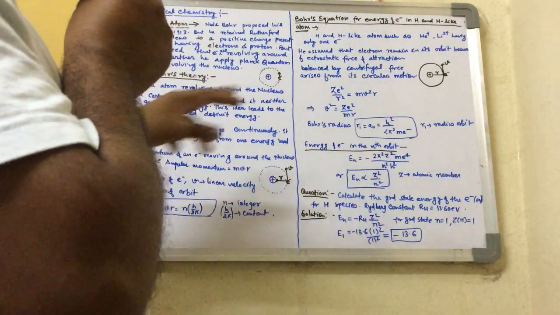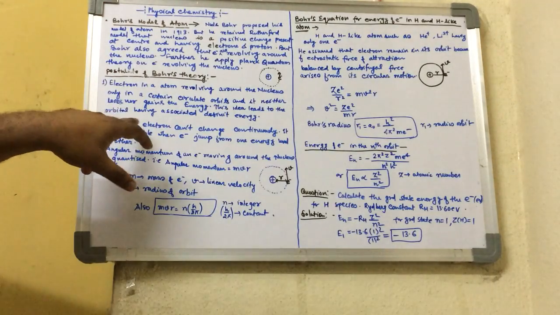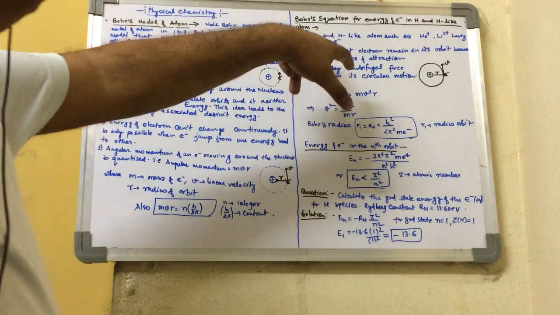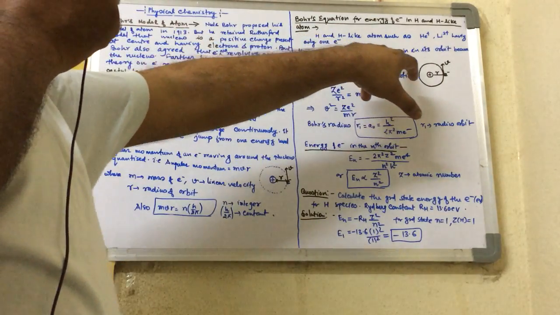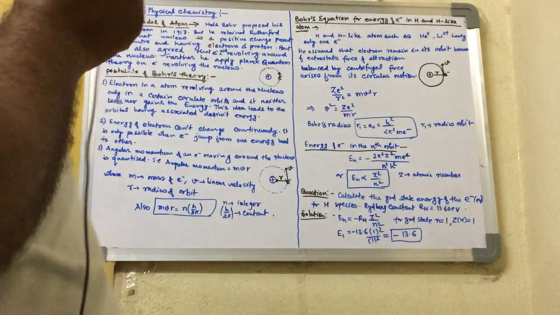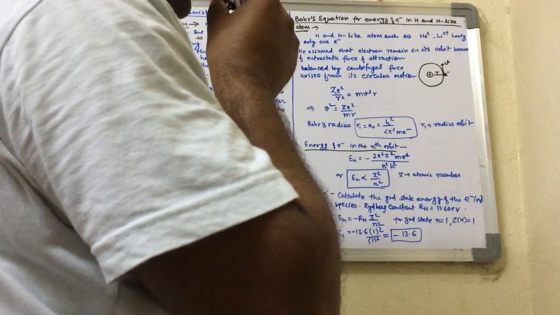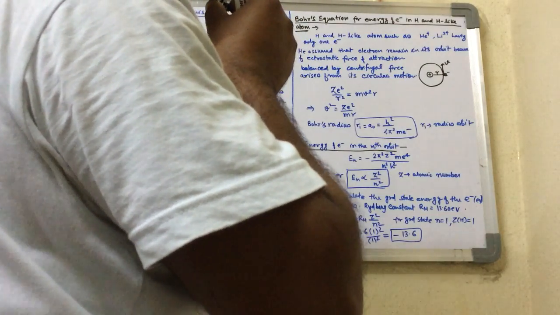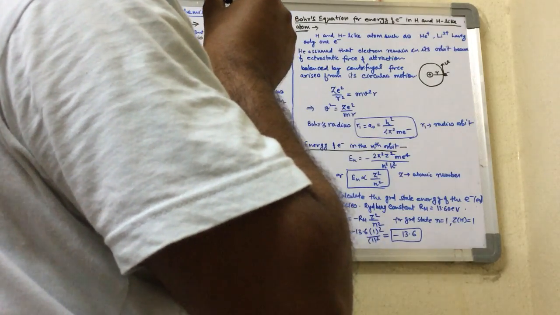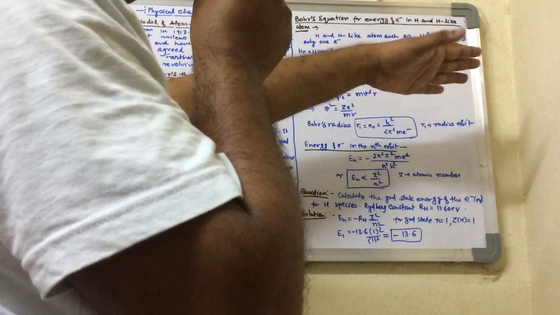Here they follow this first postulate, and assumed the electron remains in its orbit because of the electrostatic force of attraction, and it will not jump from one orbit to any other orbit.